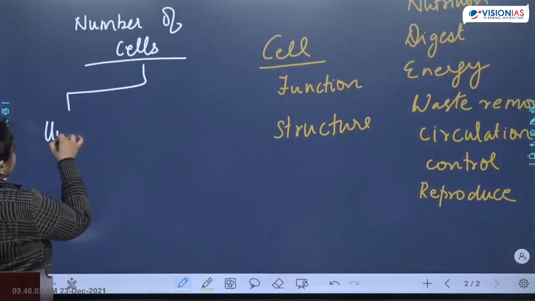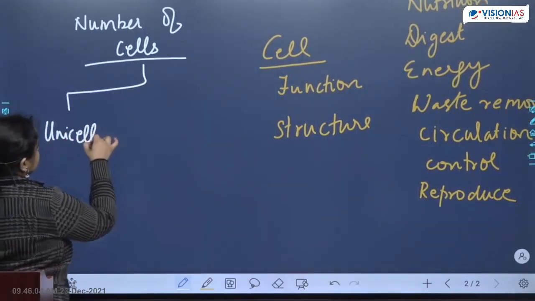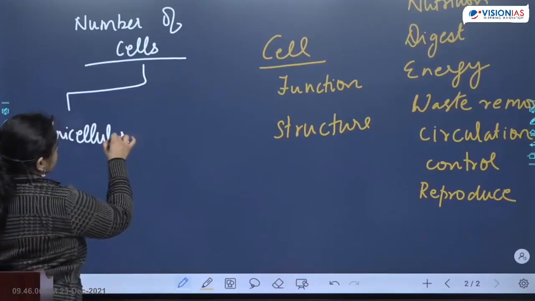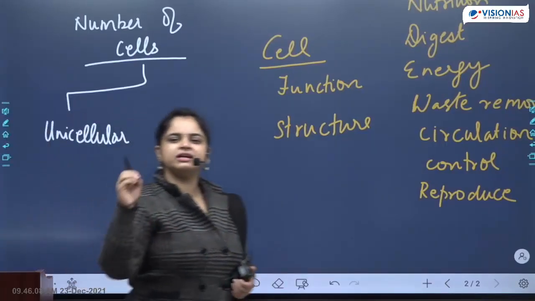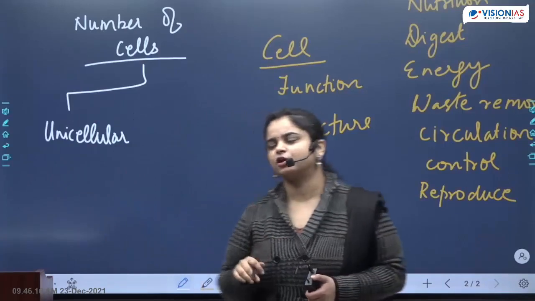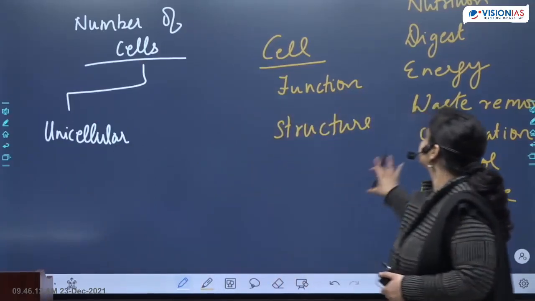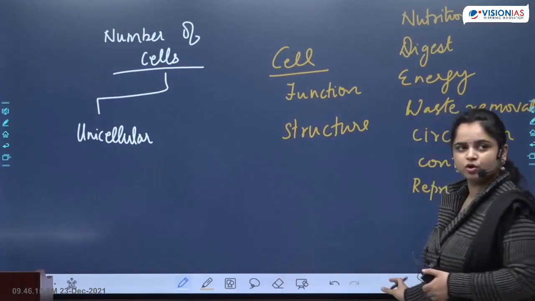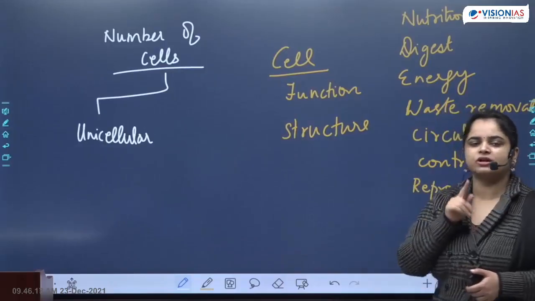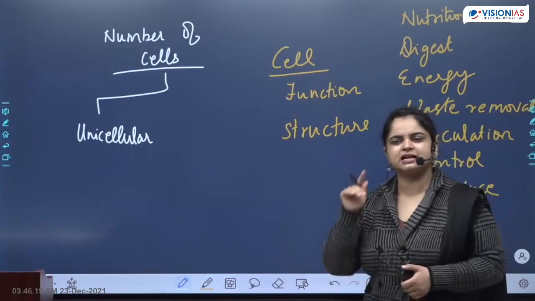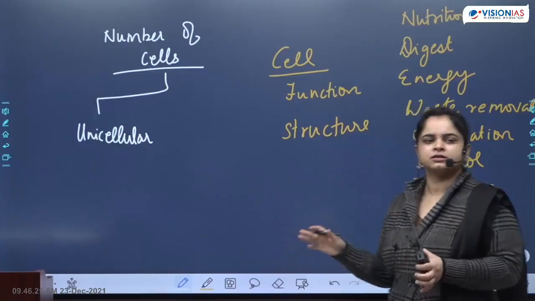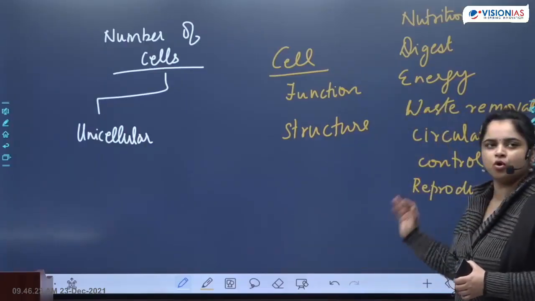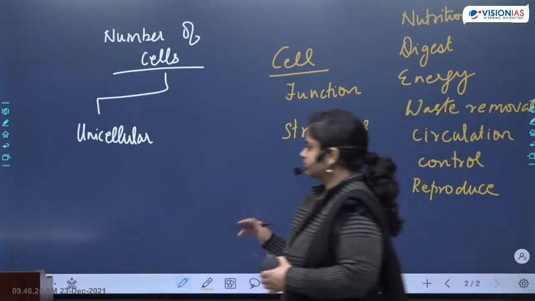So we can have unicellular. Unicellular would mean only one cell. There is an organism which is complete in the sense it is doing all these functions, but its body is made up of only one cell. That means that one cell is the sole entity to do all these functions.